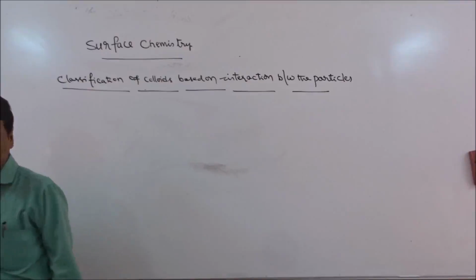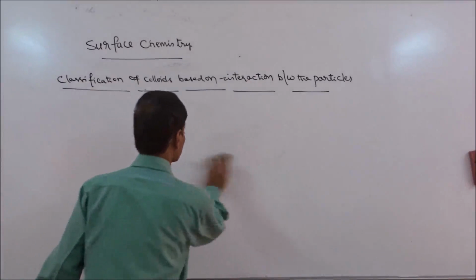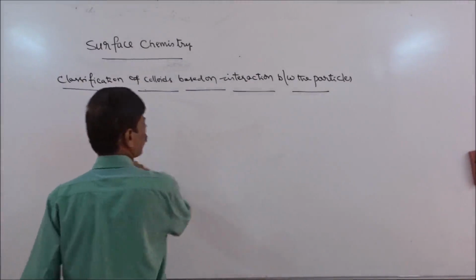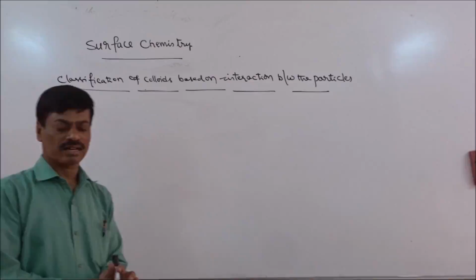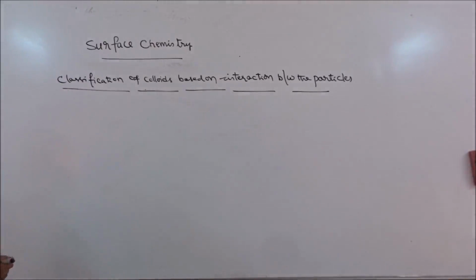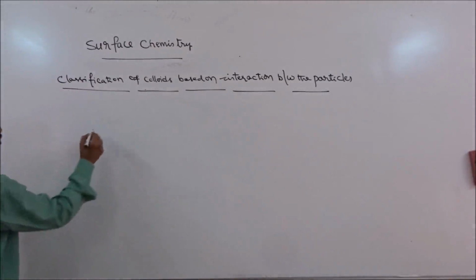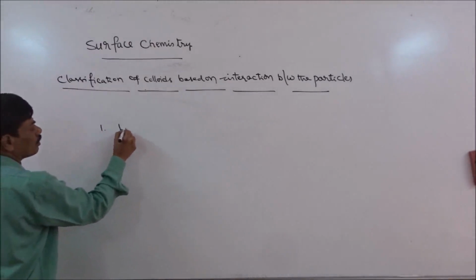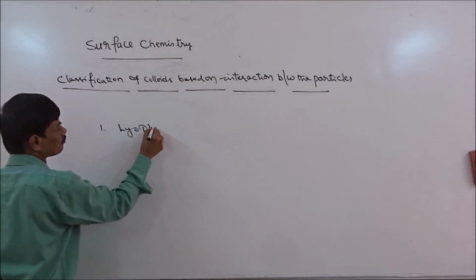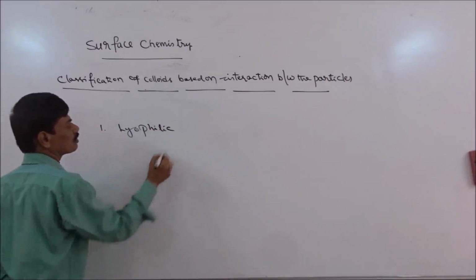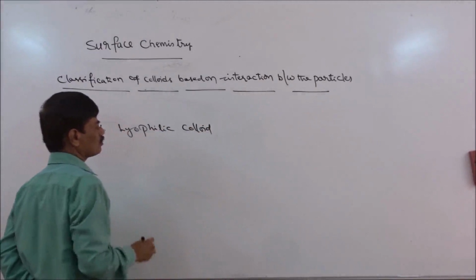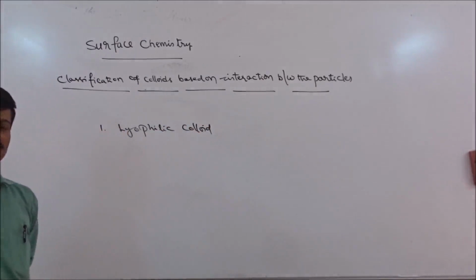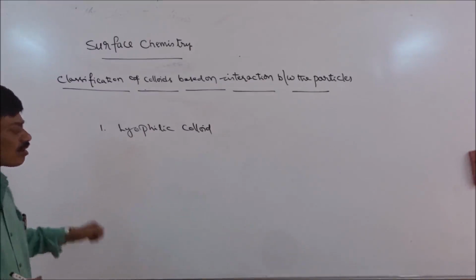First type of colloid wherein particles attract each other is known as lyophilic colloid, or it can also be called as lyophilic sol.